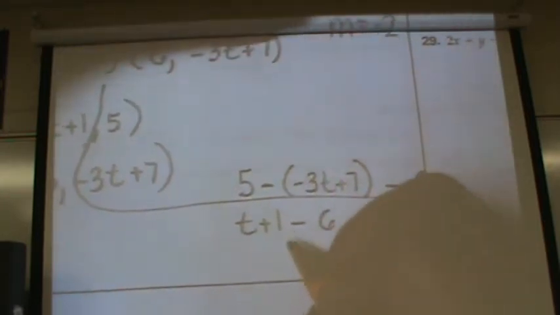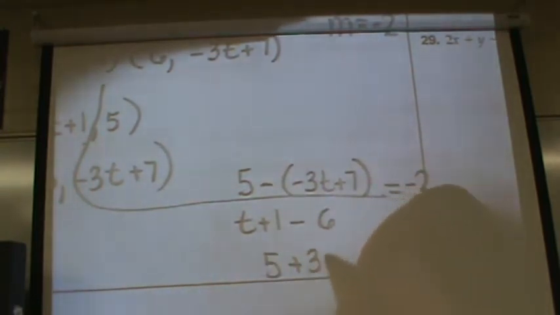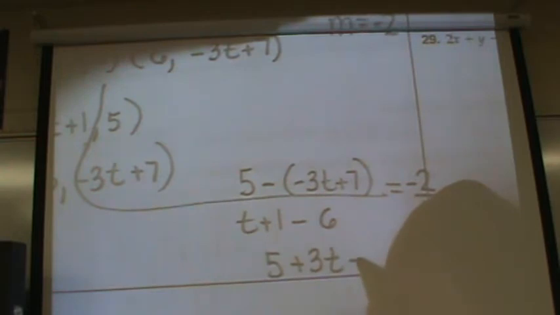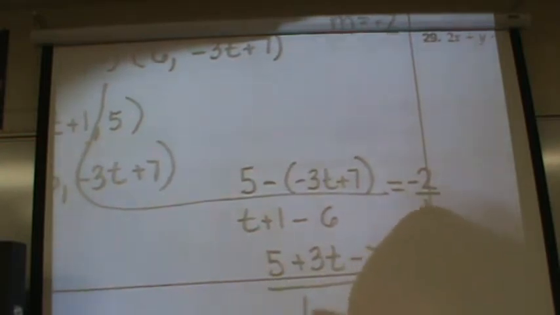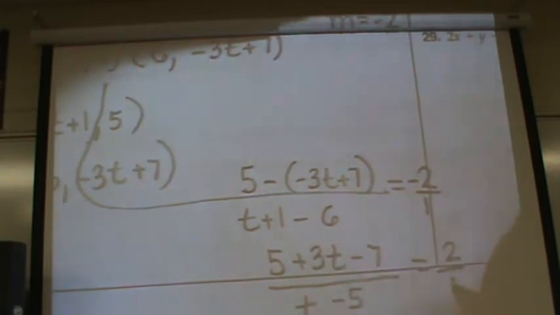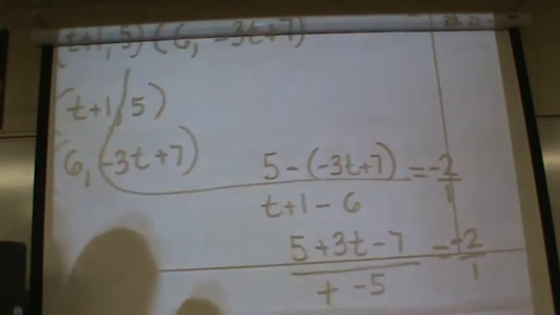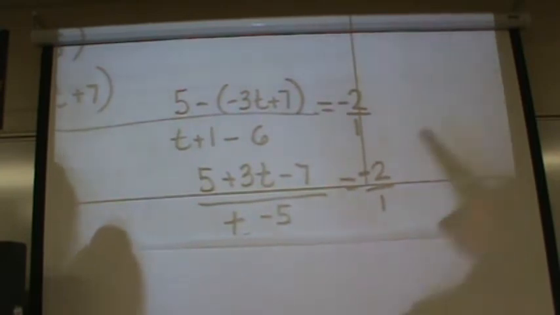Distribute it. So it's 5 plus 3t minus 7 over t minus 5, equals negative 2 over 1. Then what? You're going to cross multiply.